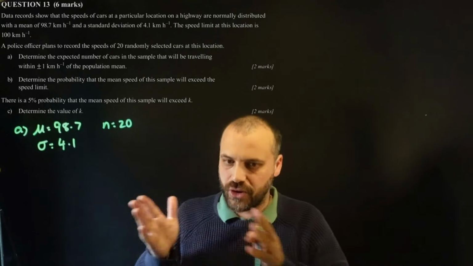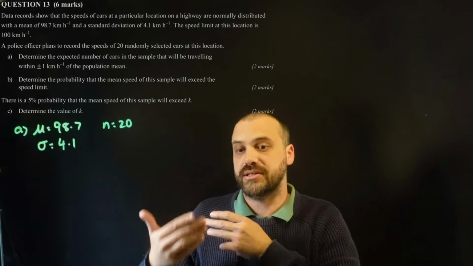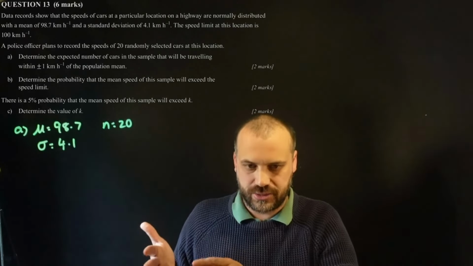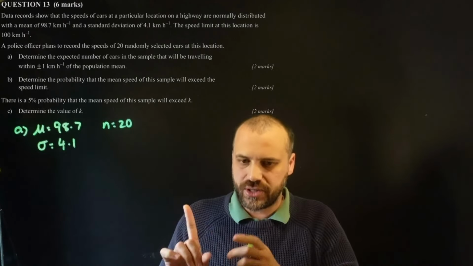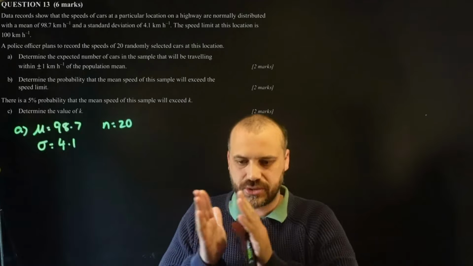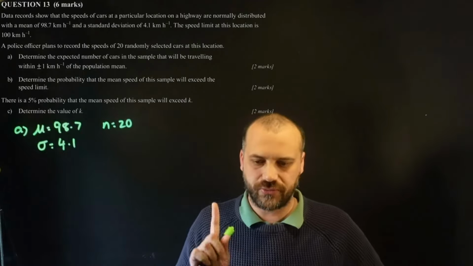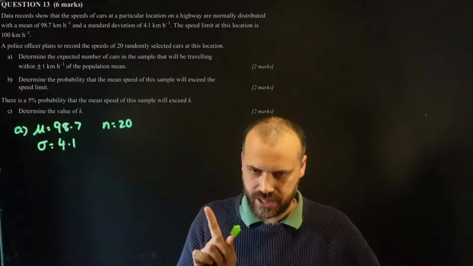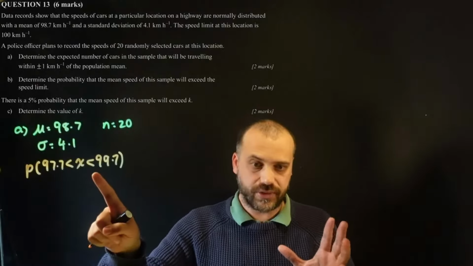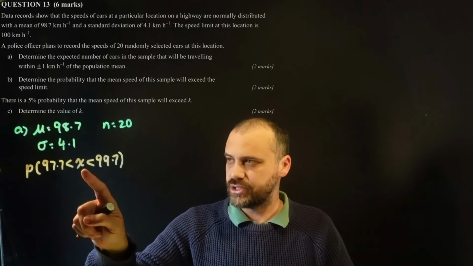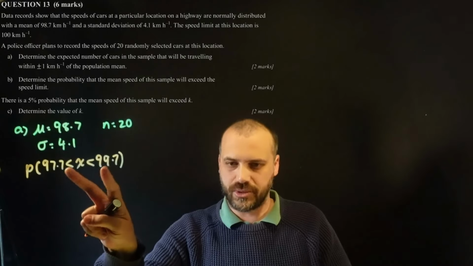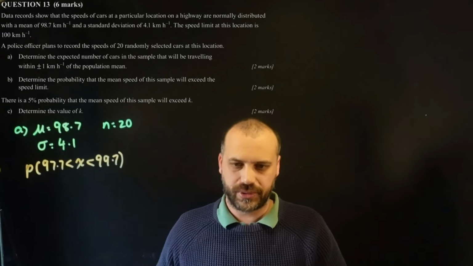And then from that, determine the expected number of cars that are travelling at that speed. So let's find the probability that any given car is travelling plus or minus 1 kilometre of the population mean. This is what we're trying to find out. The probability that any given car in this population is travelling between 97.7 and 99.7. That's plus or minus 1 kilometre of the population mean.